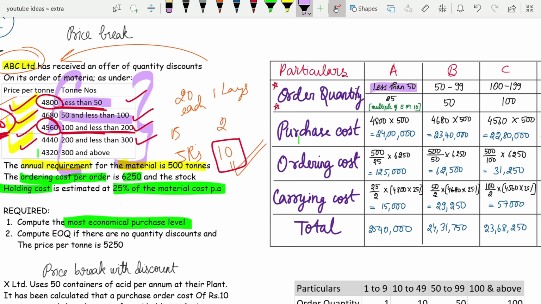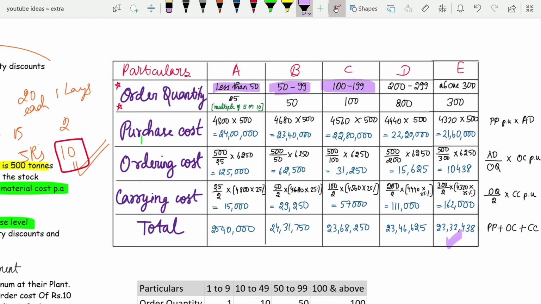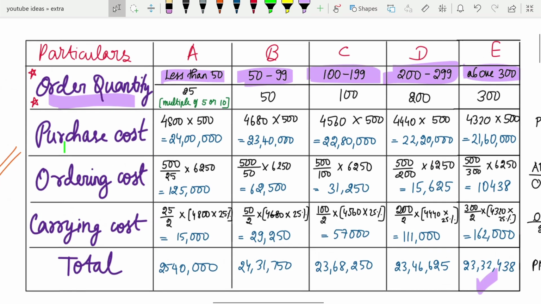If it is given 50 and less than 100, go and write 50 to 99. If it is 100 and less than 200, go and write 100 to 199. And likewise, you have to write 200 to 299 and above 300. Okay. So like this, you have to first write all the ranges which are given. That will be your step number 1. Step number 2, what you have to do is, you have to find one order quantity amongst all these ranges.